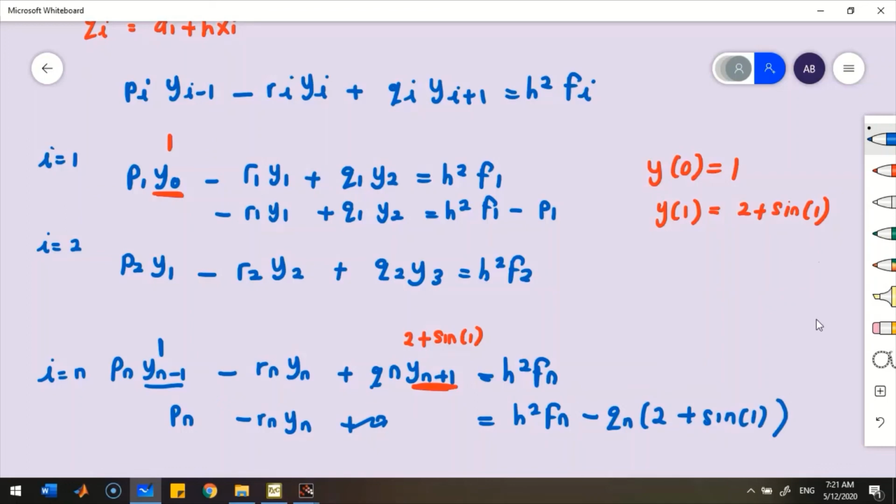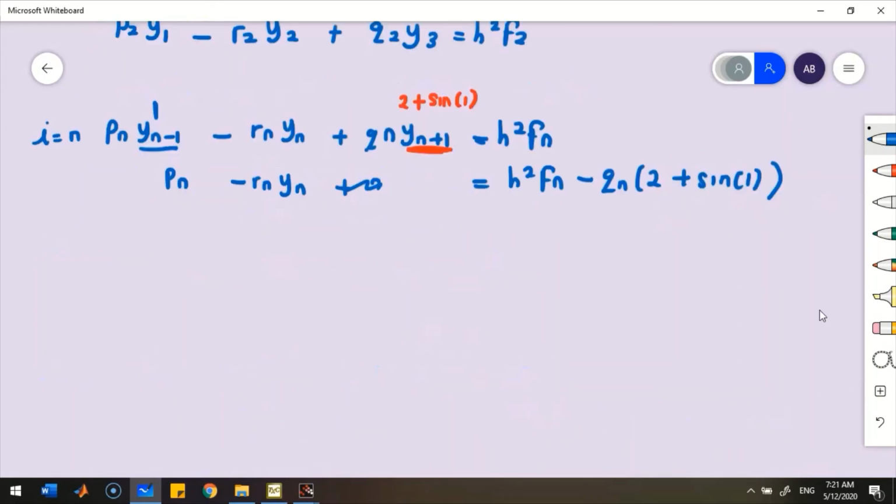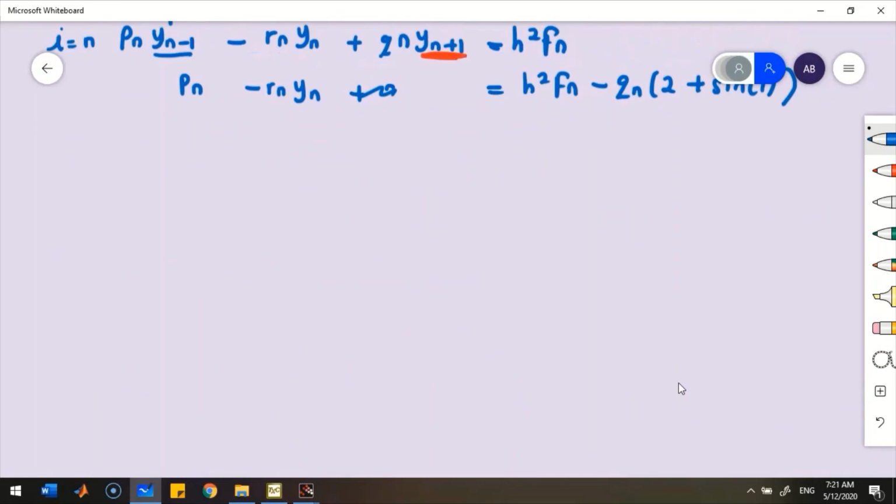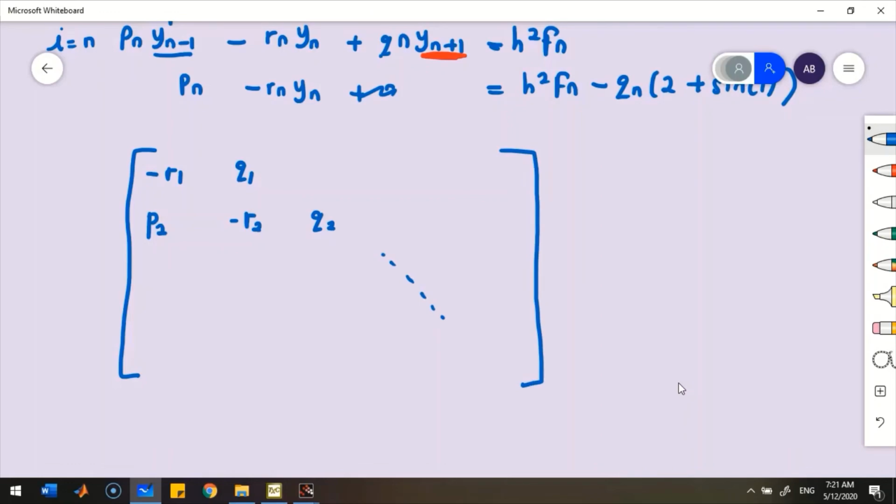So I can write this whole thing in the form of a matrix. Let me just move my... So I have here the diagonal term involving negative Rn. So I have negative R1, Q1, P2, negative R2, Q2. I told you this can be easier if you write it in a simplified form.